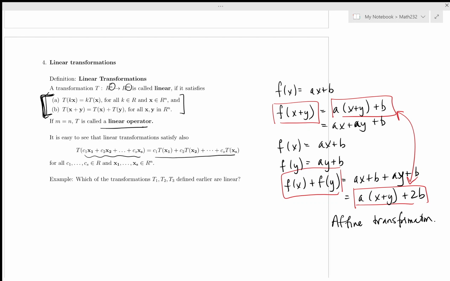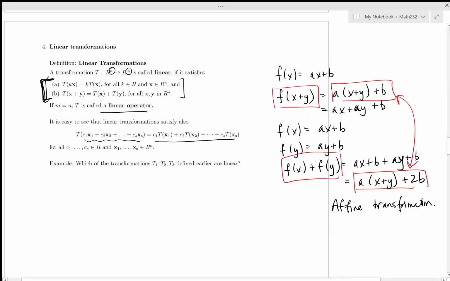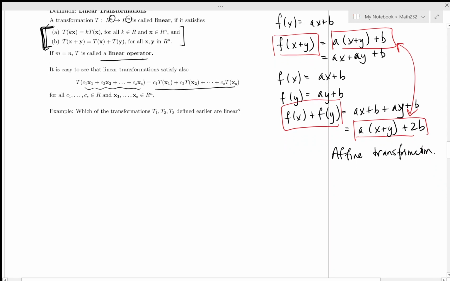So we're going to ask, of all the transformations we saw earlier, which one of them are linear? So let us take a look at T1 of x1, x2, which was defined in this manner, 2x1 plus a half x2. It multiplied the first component by 2 and multiplied the second component by a half.